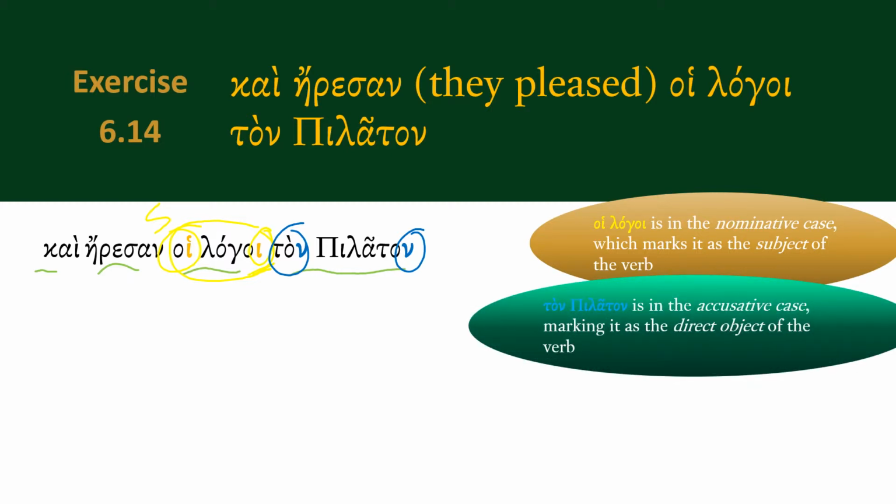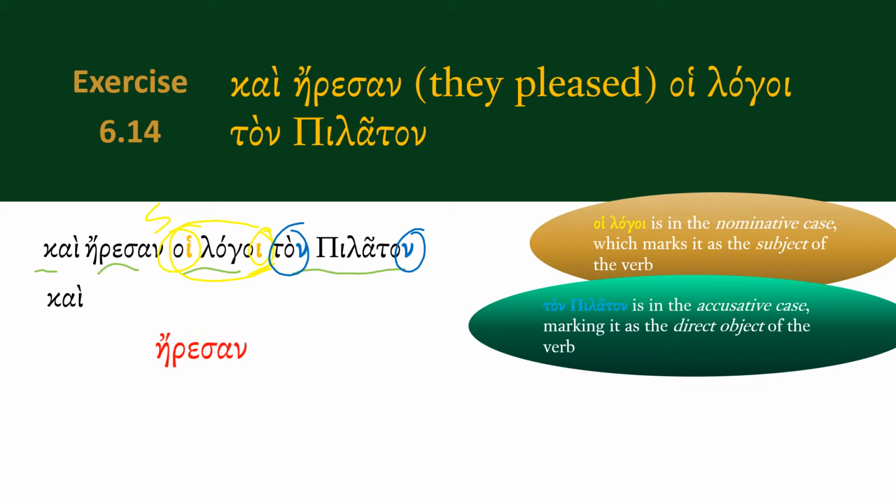To illustrate it in the normal subject-verb direct object construction, it will look like this. We begin with our connective conjunction ke, which usually would connect this sentence with the previous.